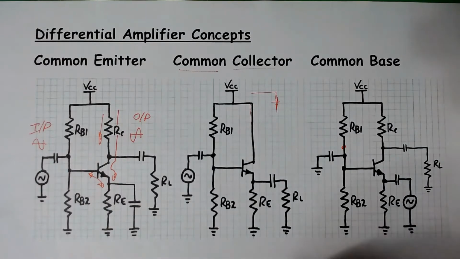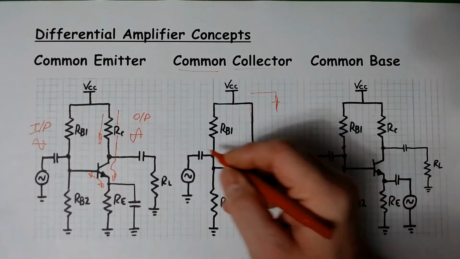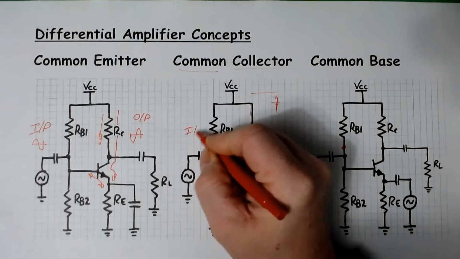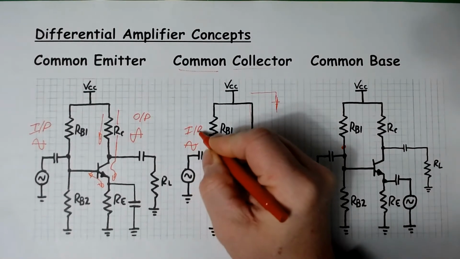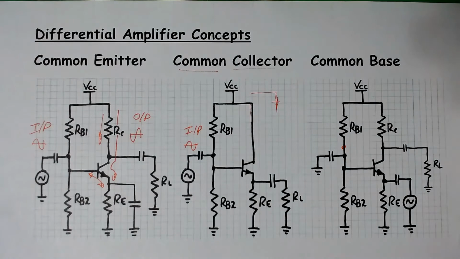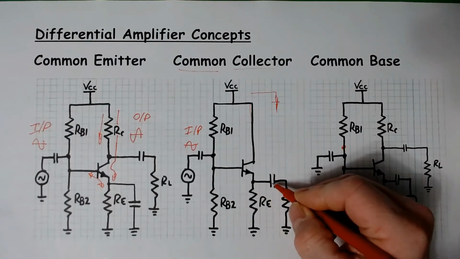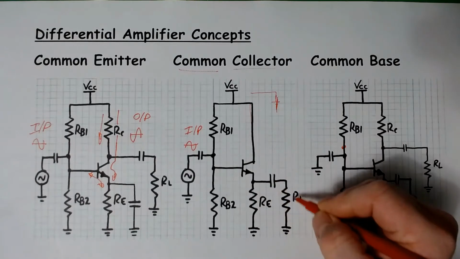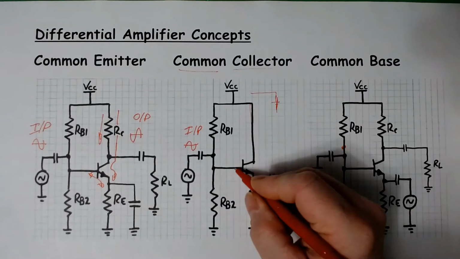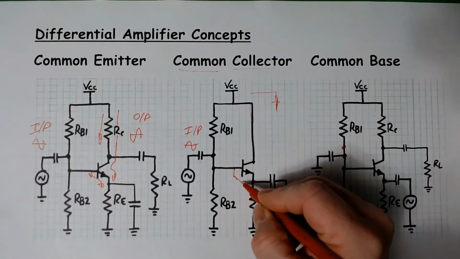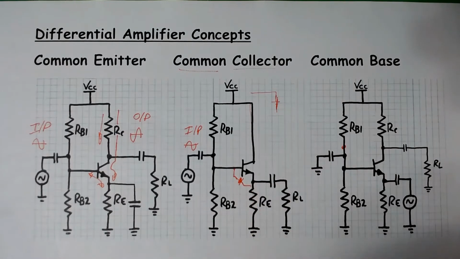Now in the common collector transistor, we're applying the input here. So we apply our sine wave input here on the base, and we're going to take our output off of the emitter, and we're going to couple that to a load through a capacitor. Now what you can do with this one is think of the base and the emitter as effectively having a diode drop between them.